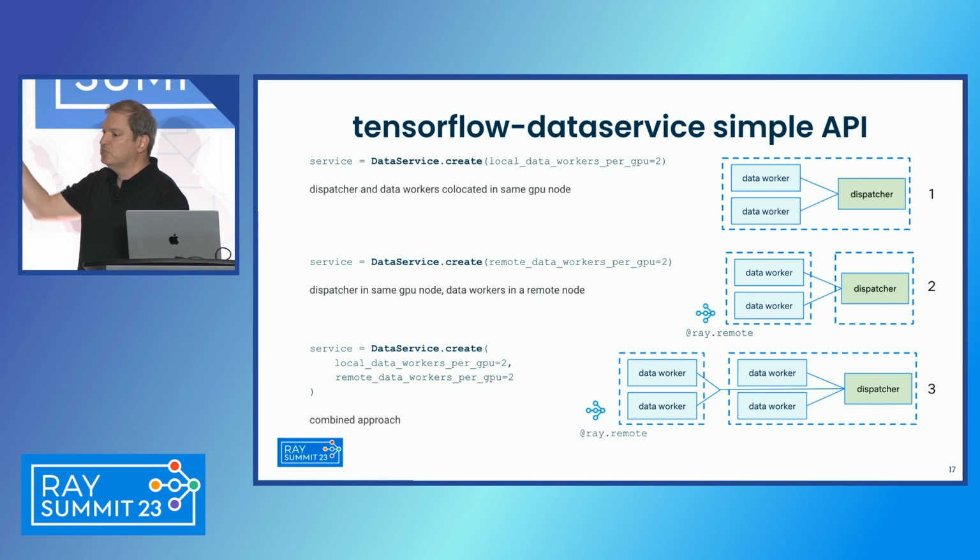That means the dispatcher is deployed in the same node where the TensorFlow worker is deployed, and the data workers as well. So if you have remaining CPUs idle in the same box where you have the GPUs, you can deploy them there. There is an option to do this remotely: have the dispatcher in the same machine where the GPUs are, but the data workers live in an extra CPU box where you can use more threads. And there is the combination of both, having local workers and remote workers all coordinated with the dispatcher.